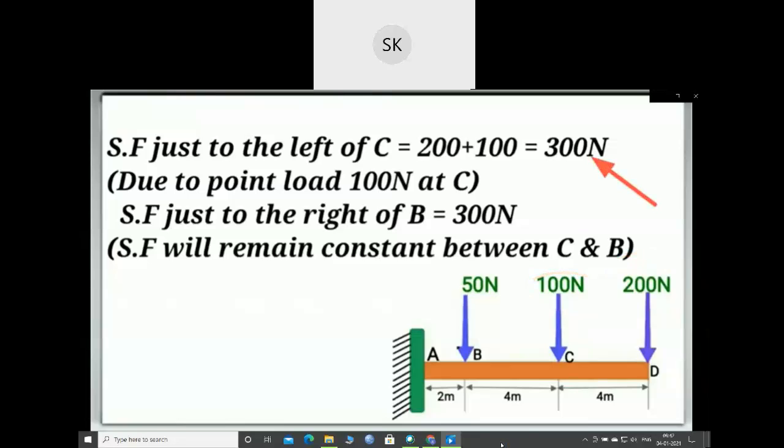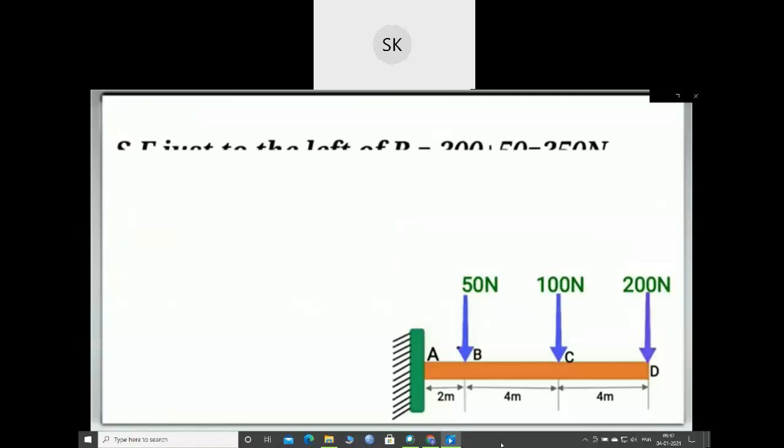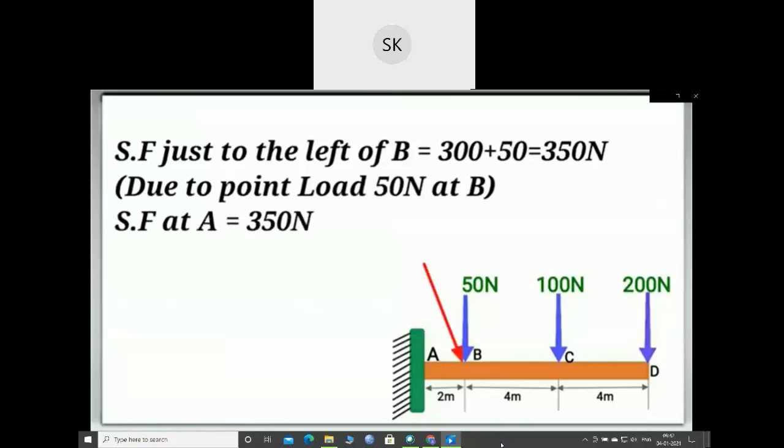And shear force just to the right of point B will also be equal to 300 Newton, since shear force will remain constant between point C and B because there is no load in between C and B. Now shear force just to the left of point B will be equal to the summation of all the forces in the right portion of this point, which will be equal to 200 Newton plus 100 Newton plus 50 Newton, equal to 350 Newton in total.